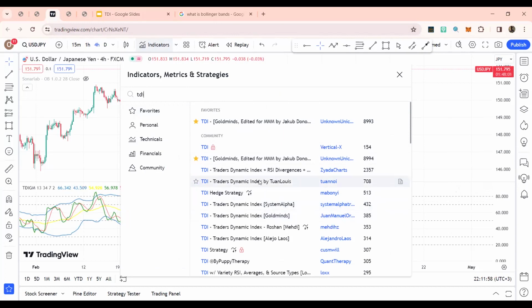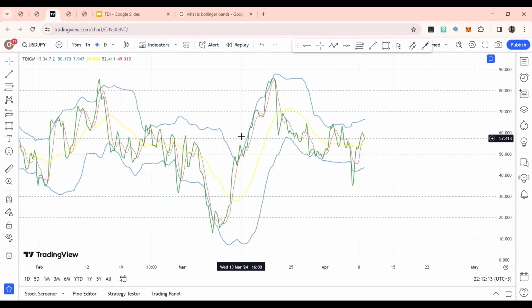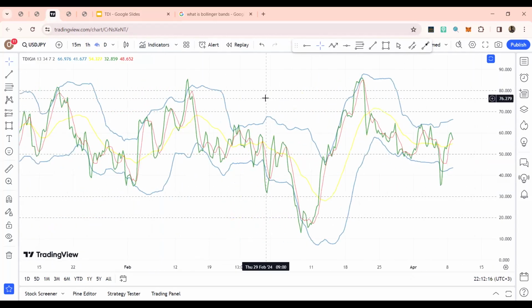Anyway, I think they work the same. I haven't gone a lot into this. You can see this one even shows the RSI divergences, but that's another strategy. But let's go with this. Once you click that, this is what it brings. This is the TDI, the Traders Dynamic Index. So I'll label them out.